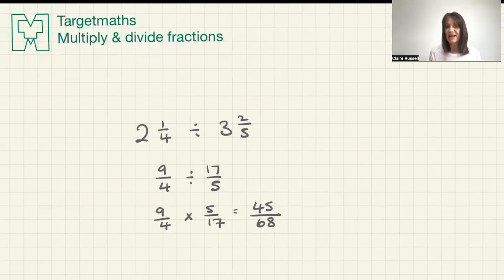Okay, and then I'm down to, okay, does it cancel? I can see that there's an odd, so I only have to think about the odd times tables. It is in the 3s, 45, but this isn't. Okay, so it's not going to be the 3s. It's not going to be in the 5s because that denominator isn't in the 5s. They're not in the 7 times table. They're not in the 9s.